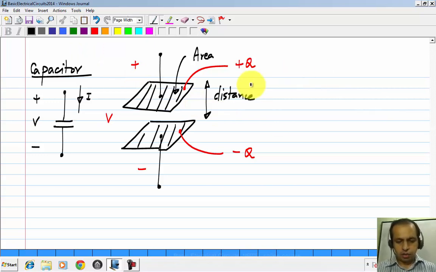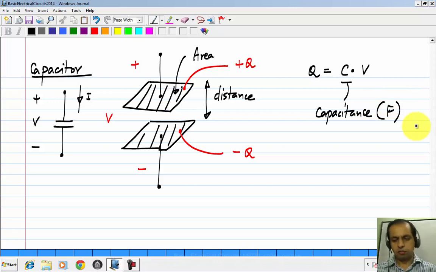And the relationship between Q and V happens to be linear with a proportionality constant C, which is called the capacitance, measured in farads.